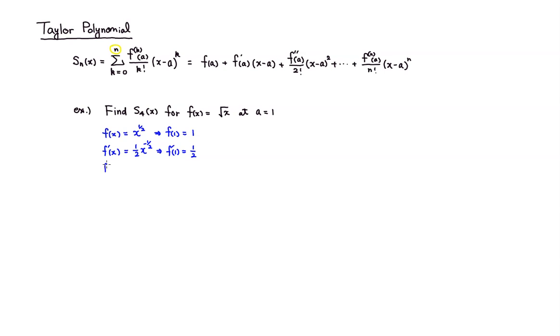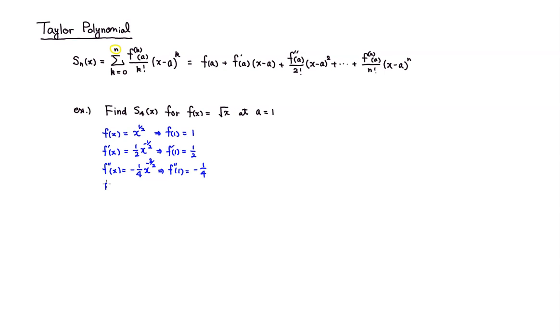And the second derivative, f double prime of x, is going to be equal to 1/2 times negative 1/2, negative 1/4, x to the negative 3/2. If you plug in x equals 1 at the center, it's going to be negative 1/4.